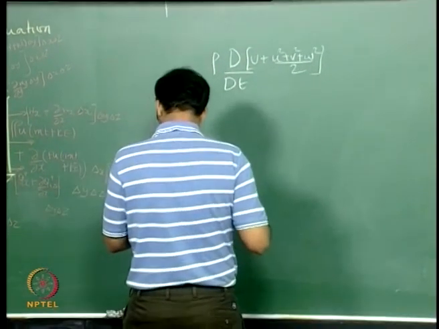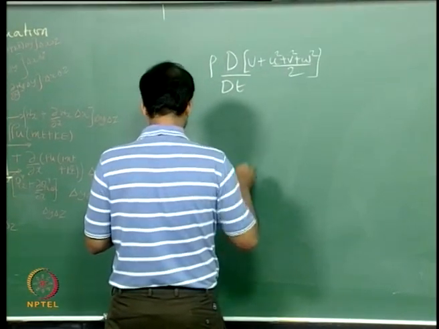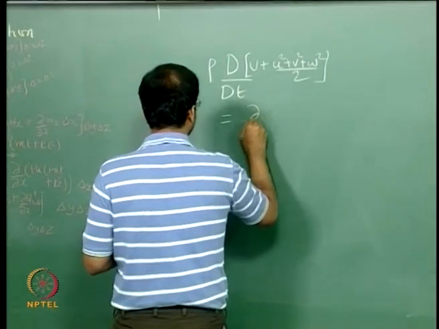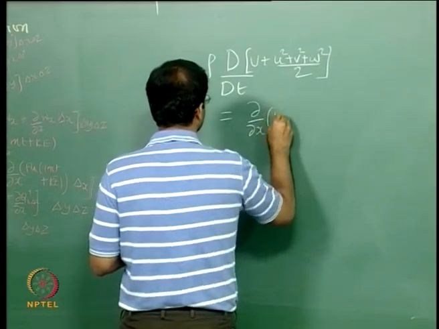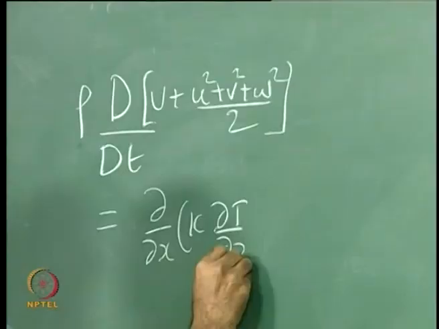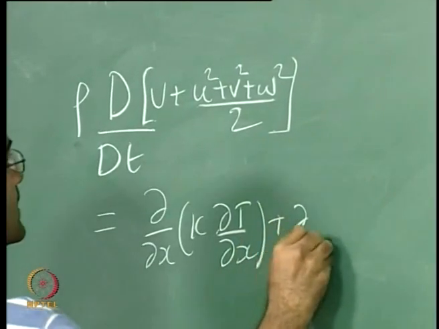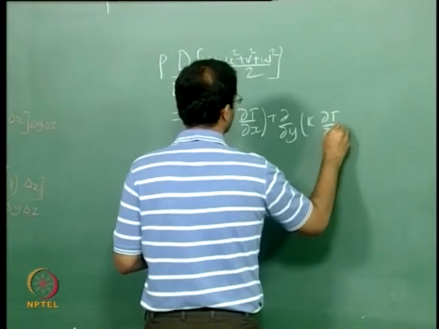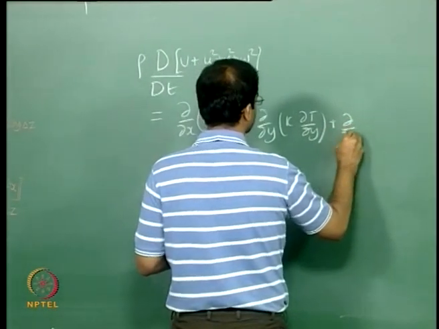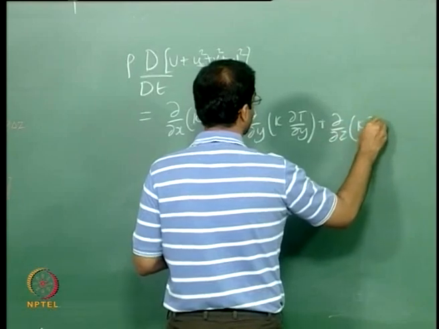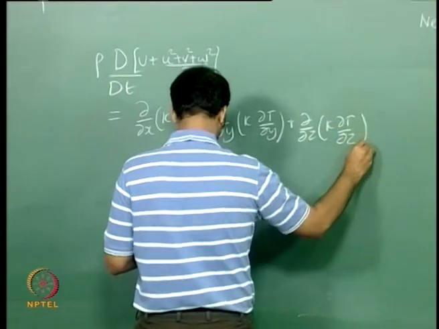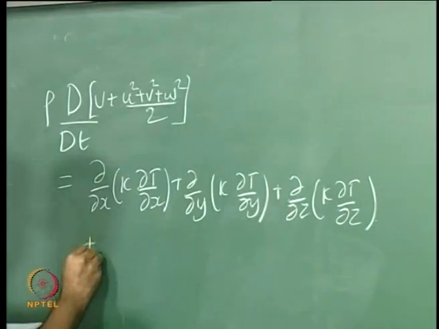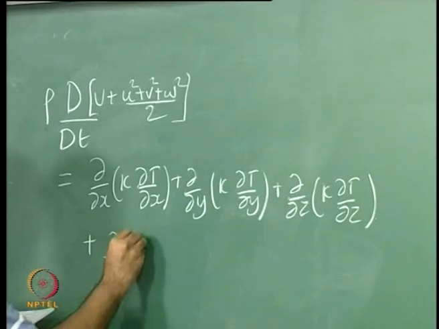So that will be equal to d by dx of k dT by dx plus d by dy, plus I have the work terms.